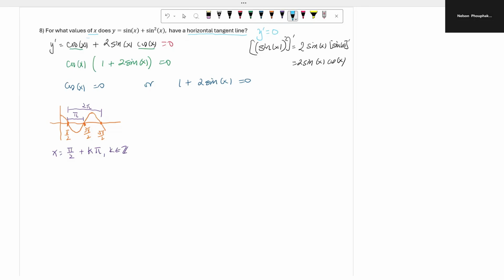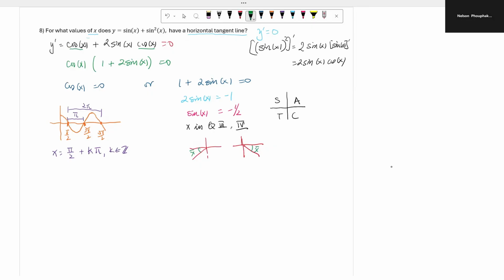Now, how about this one? I will have 2 sin x equal to -1, then sin x equal to -1/2. If sin is negative, based on ASTC, x is in quadrant 3 and quadrant 4. Now this angle is what we call the reference angle.